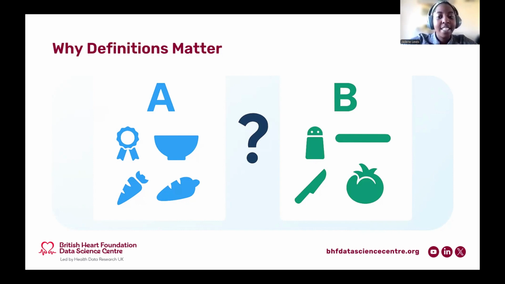I like to think of this as baking. If two people follow different recipes, they'll bake different cakes. In the same way, if two researchers are using different definitions of heart failure, they may end up studying quite different groups of people, even though they both say they're researching heart failure. That's why definitions truly matter in research.